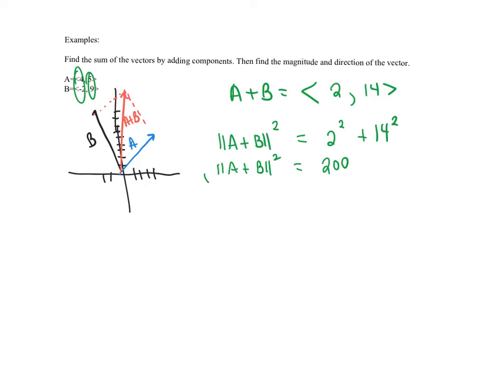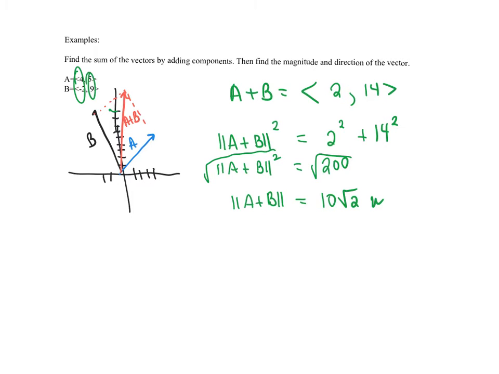Remember, the 2 bars mean magnitude, how long it is. I'll take the square root, so the magnitude of a plus b is equal to the square root of 200, or 10 radical 2 units long, whatever the unit would be. So that's the magnitude. And that makes sense. 14, this was 9. It's definitely longer than that. So 10 radical 2 doesn't seem that crazy off.